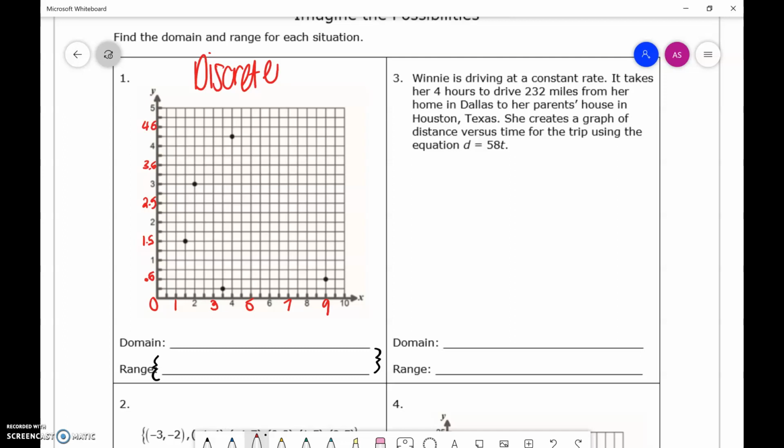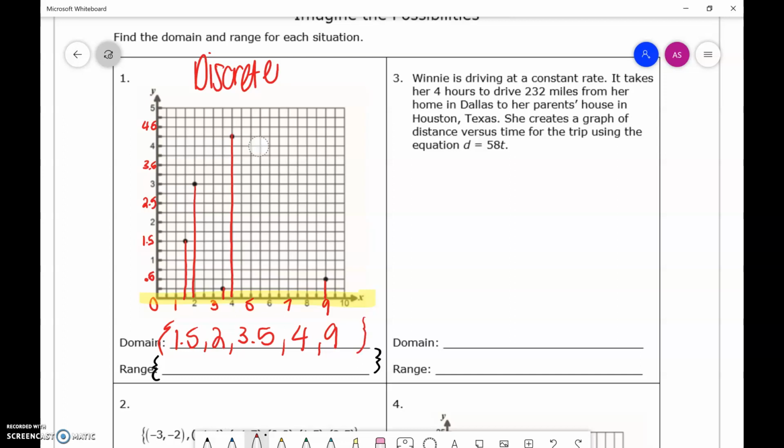Okay, so we know domain goes left to right, so I'm really going to be looking at my x-axis. My first number will be 1.5. Then my next number is 2, followed by 3.5, 4, and then 9. So that's my domain.